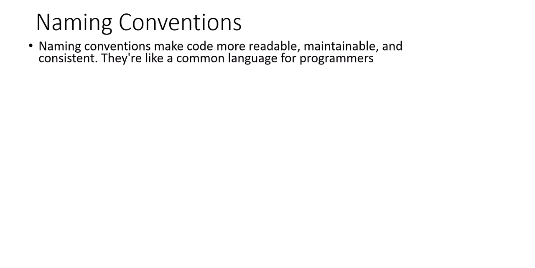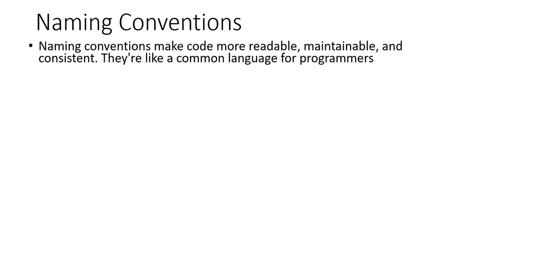Like a common language for programmers. If I code something here, other programmers can read and understand my code because of the common convention that I apply. So it makes my code more readable, maintainable, and consistent.